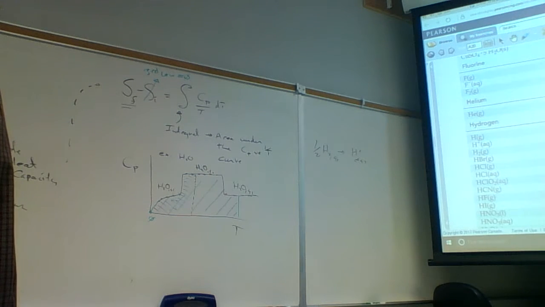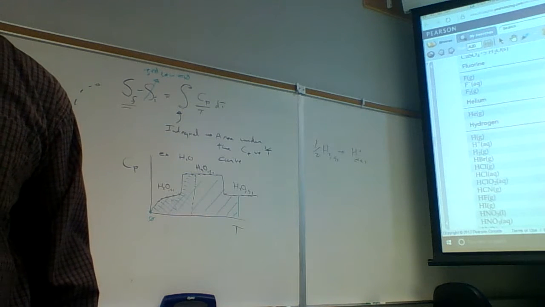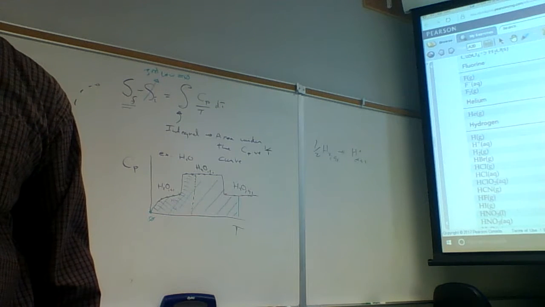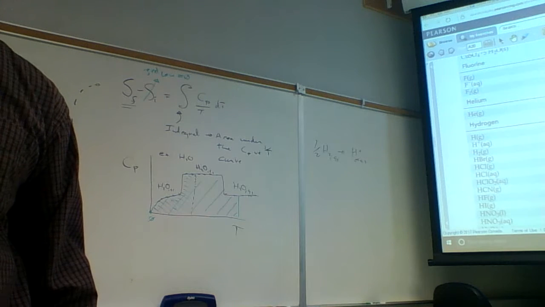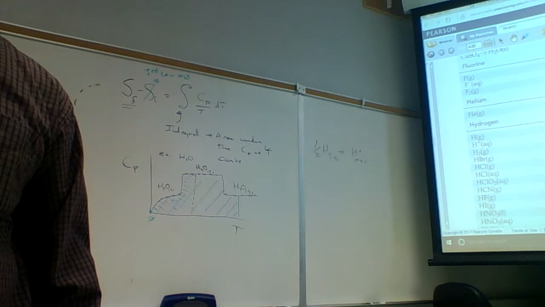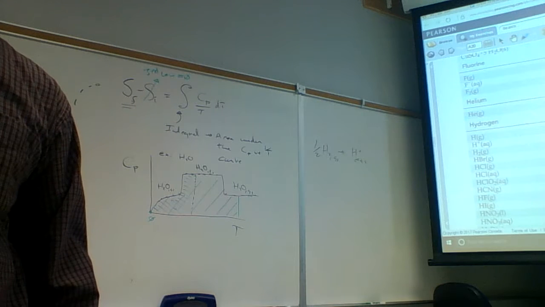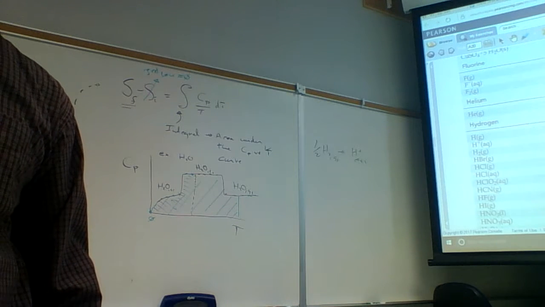It becomes more stable. It's similar to a lattice, but we don't call it an aqua lattice. We call them ion dipole attractions.